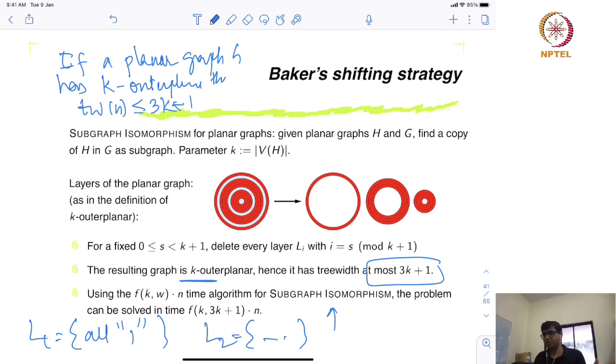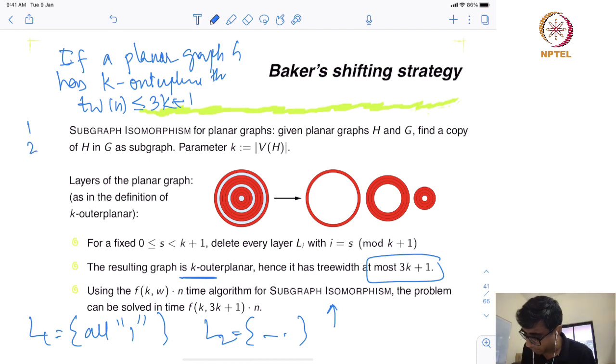So, this is a very famous strategy which is used in polynomial time approximation schemes. We will see its application in a few minutes also. You divide your layers into 1, 2, 3, ... k plus 1, and imagine that the subgraph does not contain vertices from layer 1.